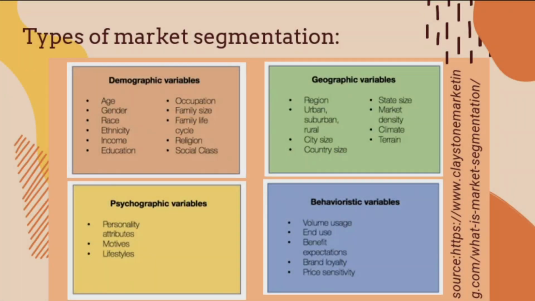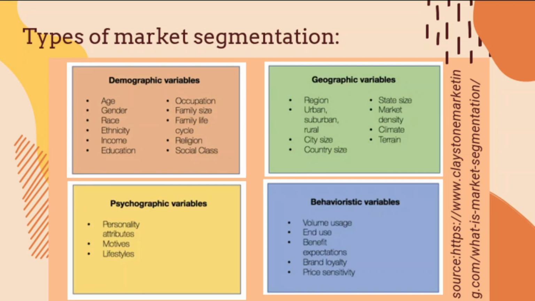These are different types of market segmentation, or we call it variables. First one is our demographic variables, geographic, psychographic, and behavioristic variables. So under the demographic, ayan, I know this is one of the most familiar tayong lahat.